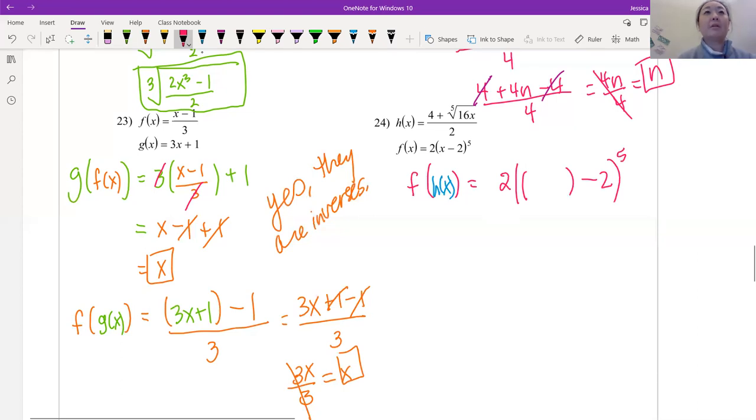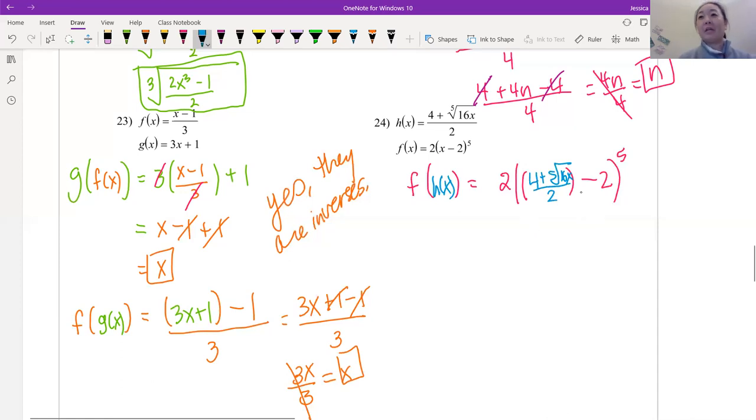to the 5th power. And if you notice, I did the double parentheses because this already has parentheses. So the outside ones are the ones that we already have, and the inside one just represents the x. All right, and so we have 4 plus the 5th root of 16x. Oh, this does not look pretty. Divided by 2.